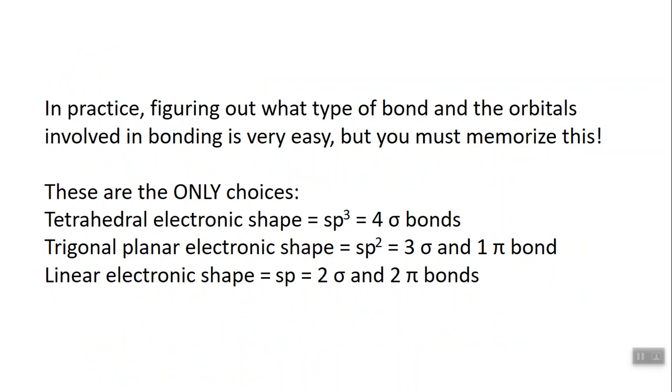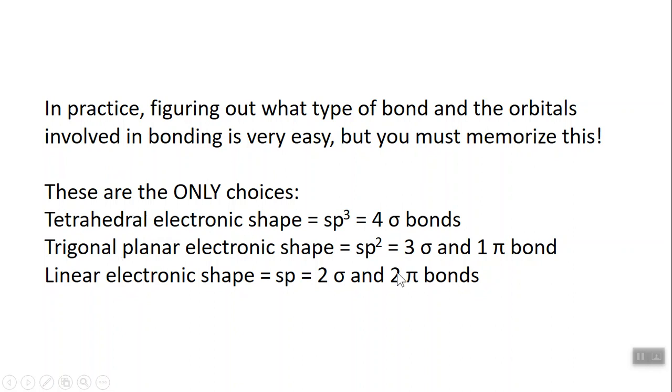So in the last set of slides, we looked at geometry. In fact, the easiest way to figure out the shapes of the different atoms in a molecule is to look at this shape. If you have a tetrahedral atom, it's always going to be sp3.